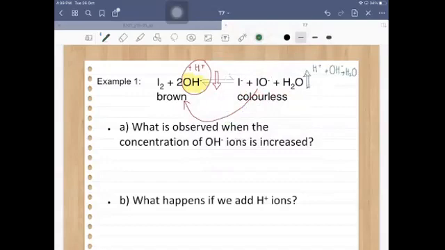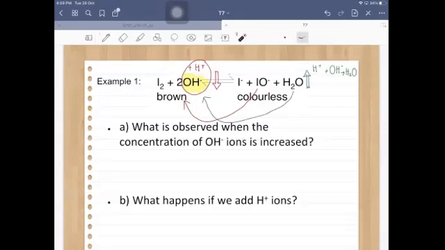If my H2O is increased, Le Chatelier says you now have to decrease your H2O. So decreasing H2O means you have to use up H2O with the other products to reform your reactants.